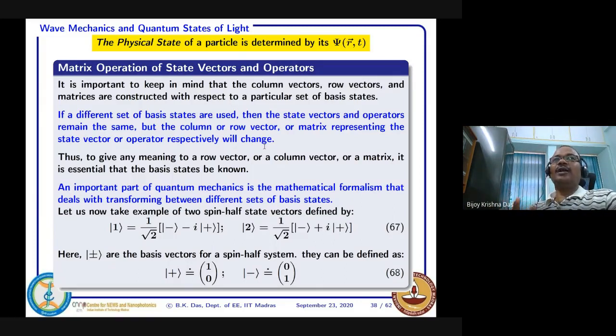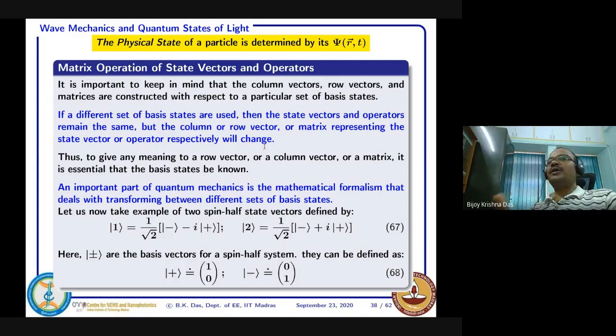So you can rotate the basis vectors. You can introduce a different set of basis vectors, it does not matter, and construct your row vectors and column vectors, that means components, according to those basis vectors, but your original vector remains the same. You can visualize it in 3 dimensions. Your x, y, z axes can be rotated a bit, but vector A is in a certain direction, so your component values will be different.